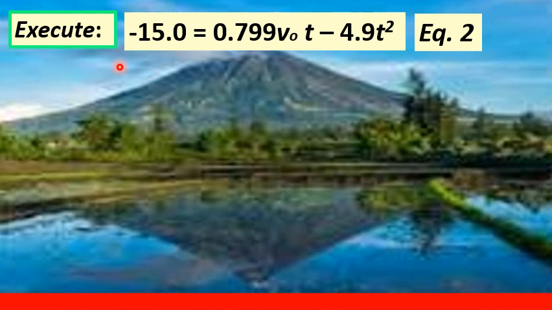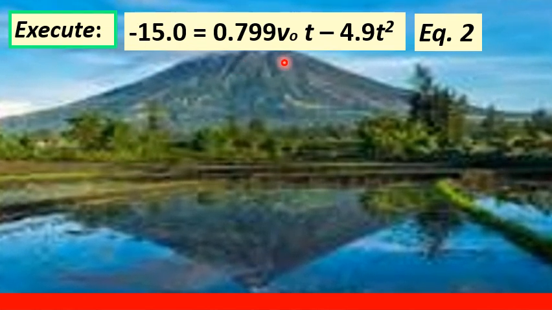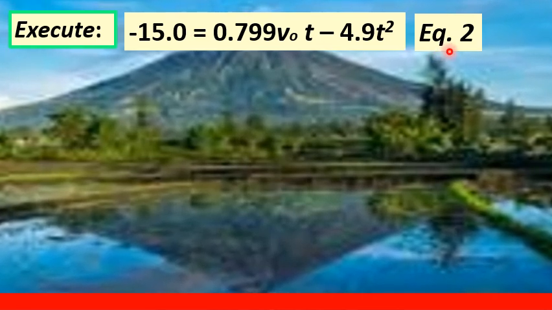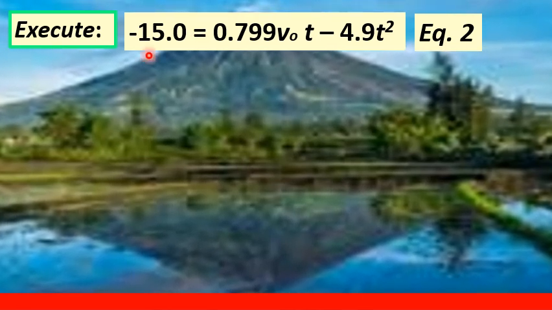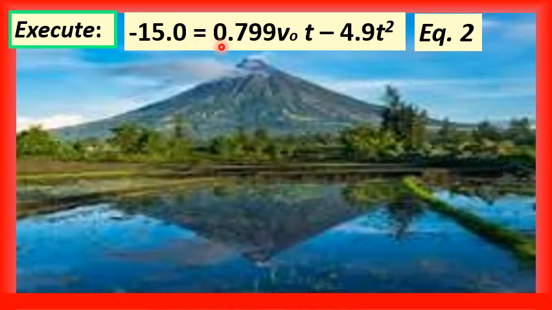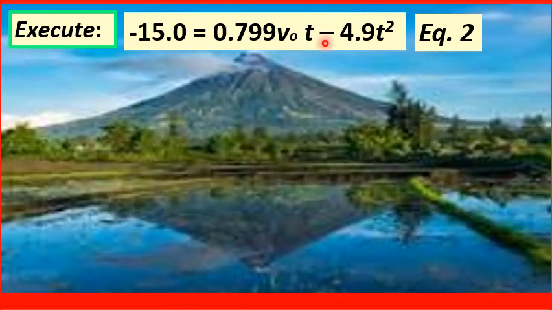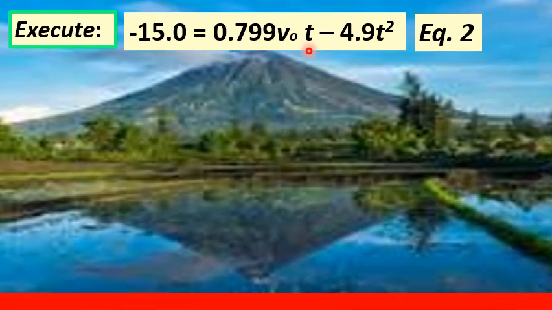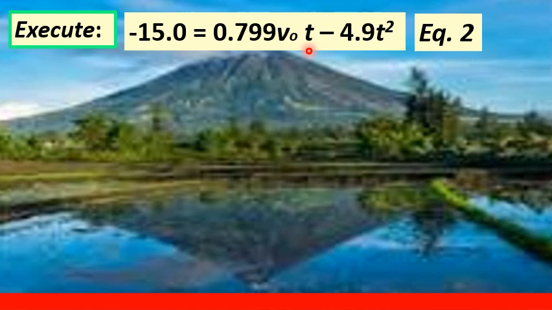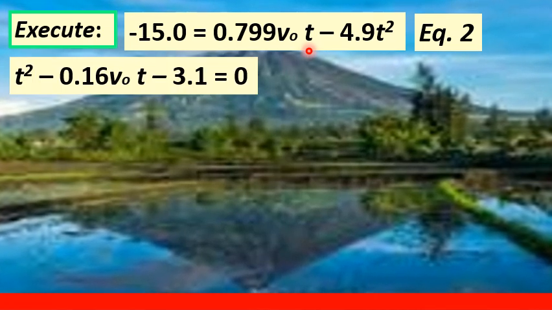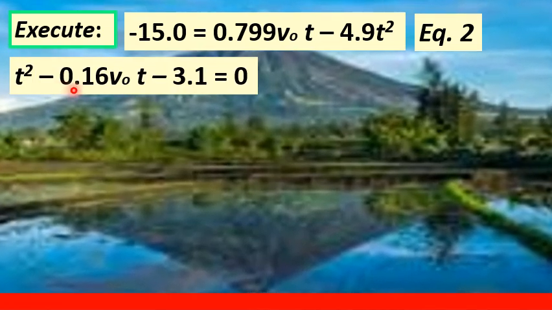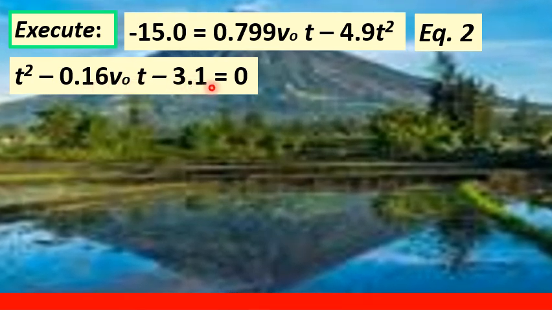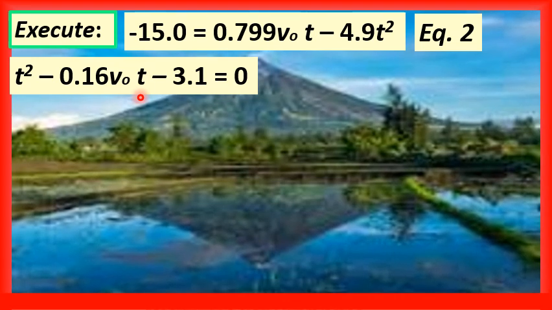All right, so to continue with our computation, earlier we came up with this equation labeled as equation number 2: negative 15.0 equals 0.799 v naught times t minus 4.9 t squared. We can simplify equation number 2 and get t squared minus 0.16 v naught times t minus 3.1 equals 0, right?